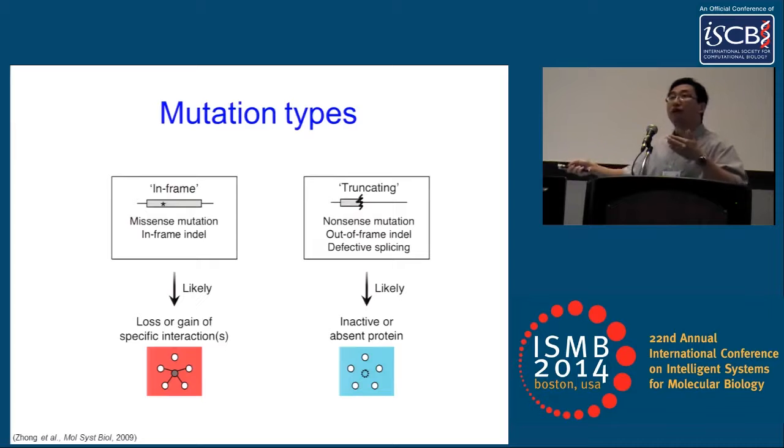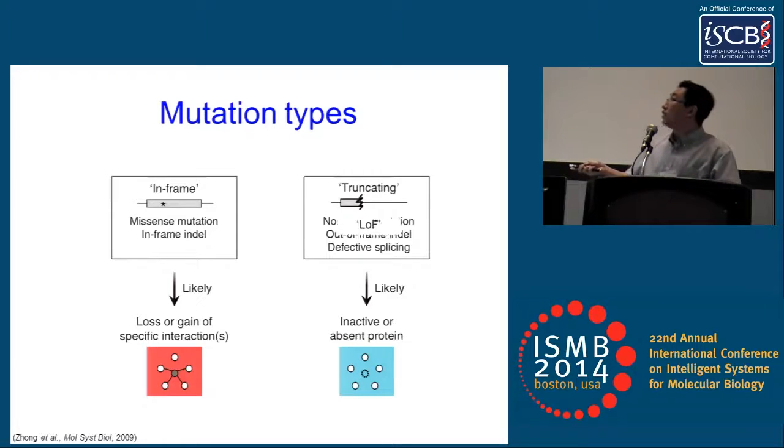And then we also have so-called truncating mutations, including nonsense stop codon mutations, out-of-frame indels, and splicing defects, which people believe will mostly not lead to any protein products, through nonsense-mediated mRNA decay, through misfolding, etc. And therefore, you will lose the whole protein, and you will basically cause loss of all of the interactions.